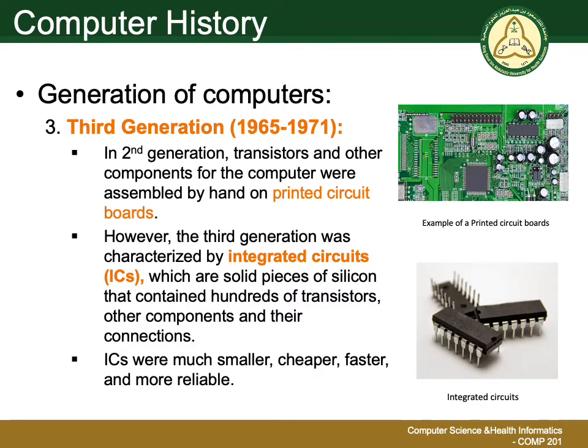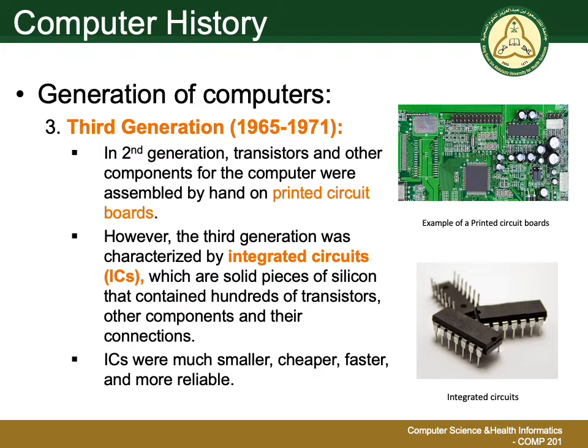The third generation was right after the second generation, from 1965 to 1971. As we said, in the second generation, the transistor and other components of the computer were assembled by hand. We said the transistor was introduced in the second generation instead of vacuum tubes, but assembling the transistors was by hand.